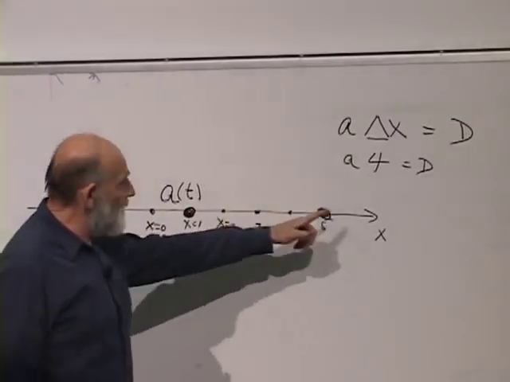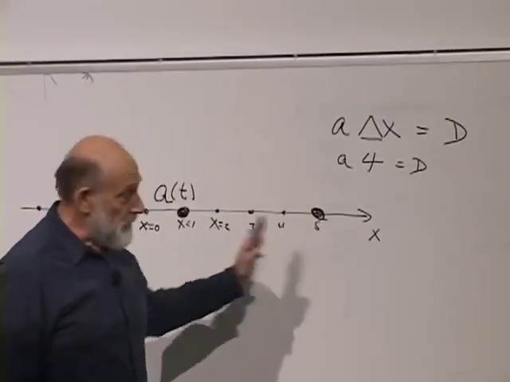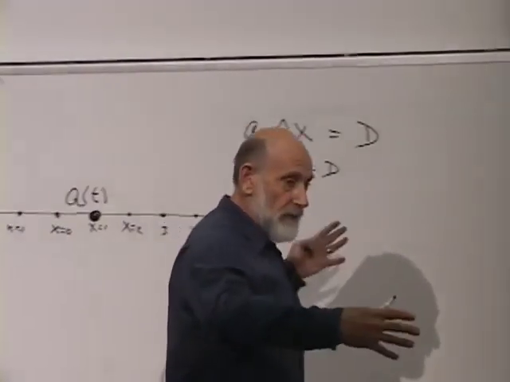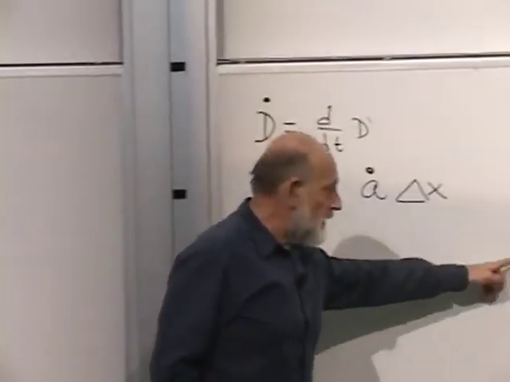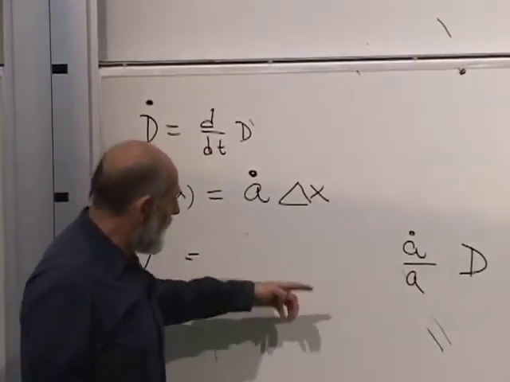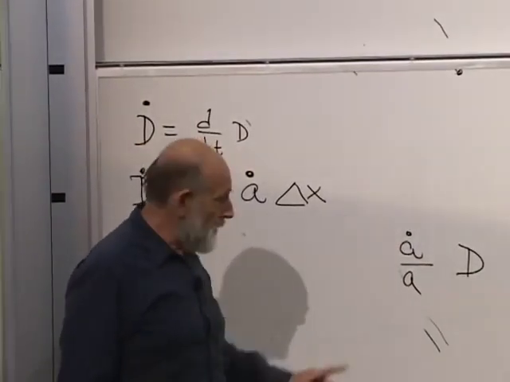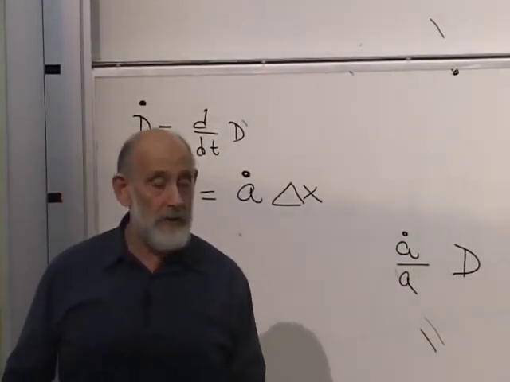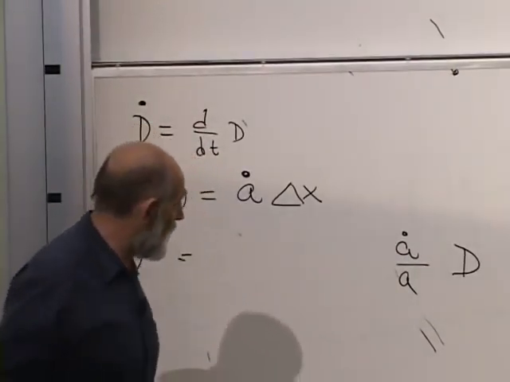So a is the same for everybody, the scale factor. It's a universal idea which everybody agrees about what the distance to his neighbor is. It changes with time, but a dot over a does not depend on x.